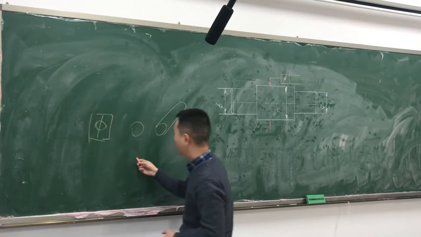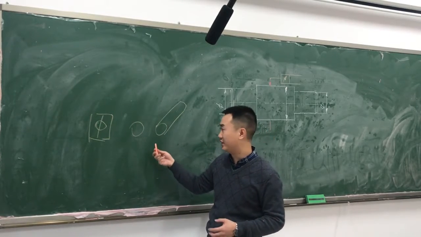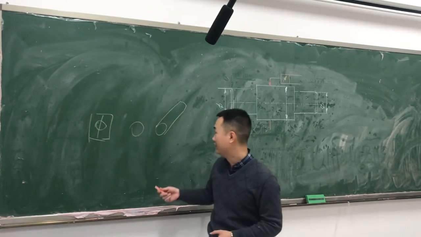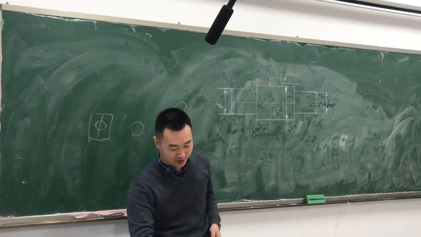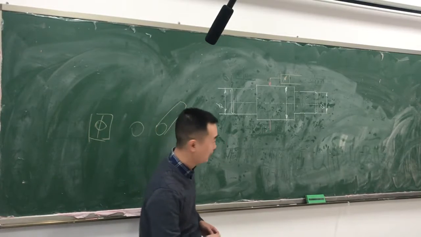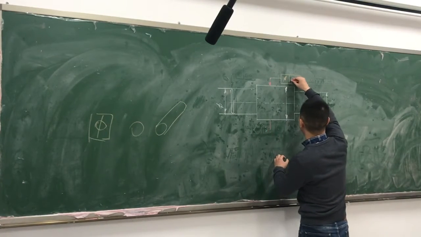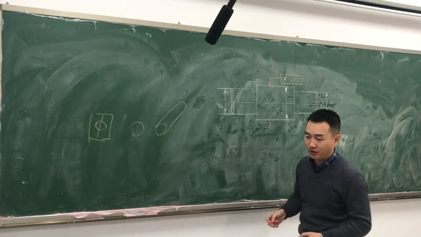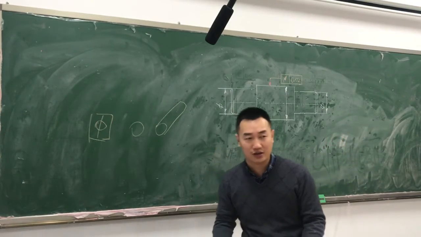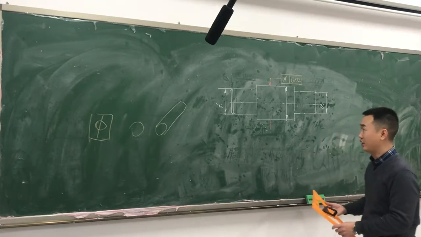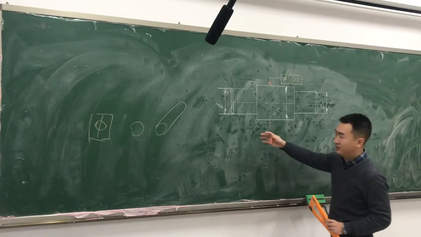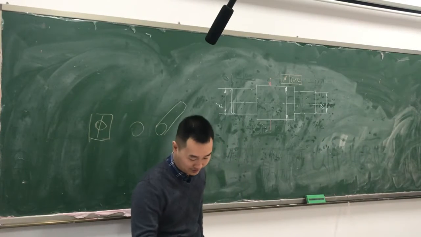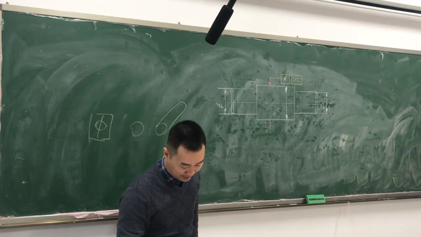So here, the tolerance zone is the area between two concentric circles, so no diameter symbol should be put here. So we write down the values here. And for circular layout, it requires datum, right? Here, the datum is datum A and datum B.